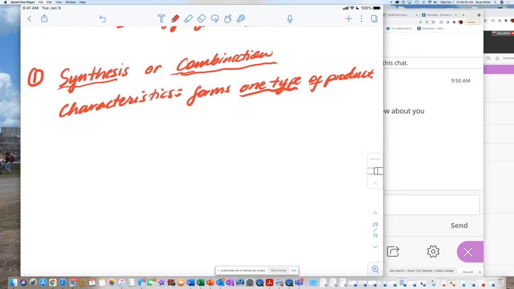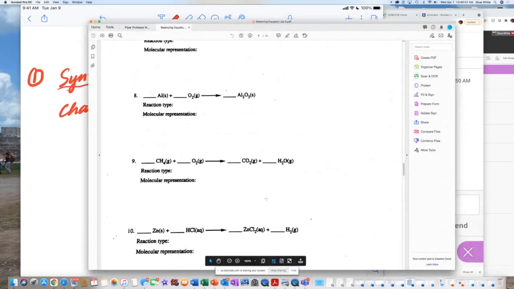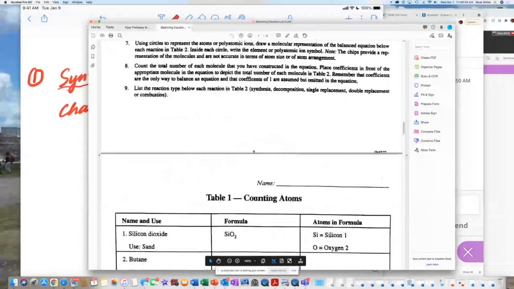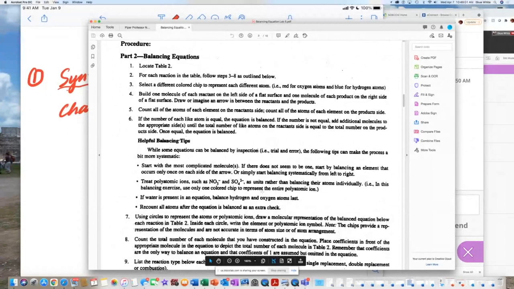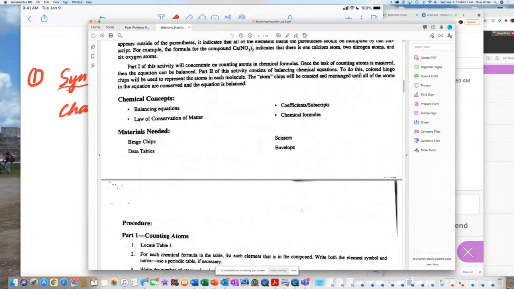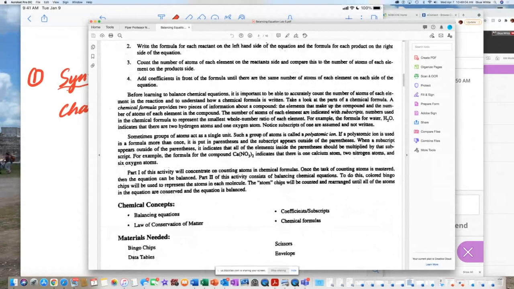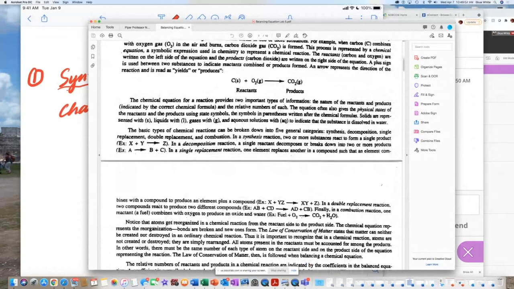So let me see here. Somewhere here we do have that lab that I opened, right? That wasn't it. Okay, let's go back here. I'm going to use your lab as an example for this. Somewhere here in this long dialogue, they use the term synthesis right here. Oops, I highlighted the whole thing.